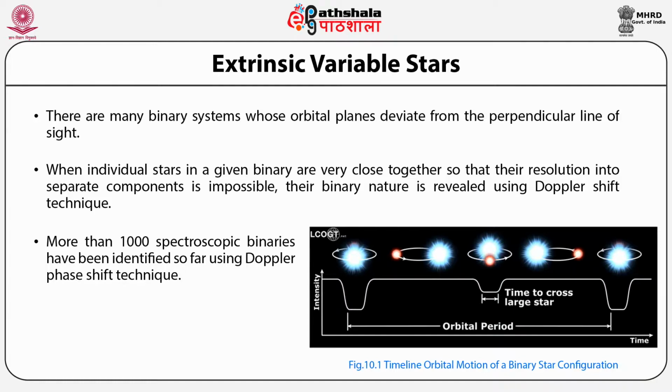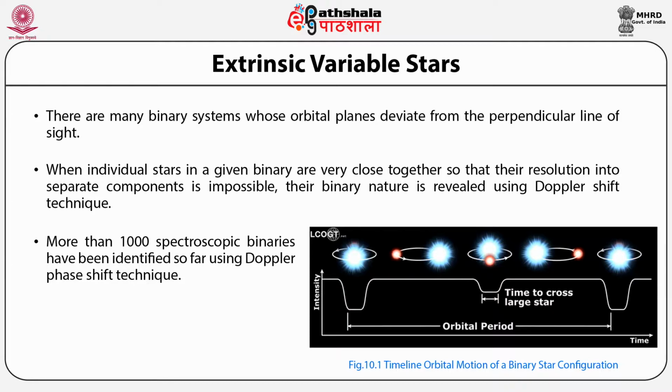In the given figure, we have a timeline orbital motion of a binary star configuration. Along the horizontal axis, we have the time, and along the vertical axis, we have the intensity. So we have 5 phases of these binaries shown here. In the second, third and fourth phases, the other star is well defined.